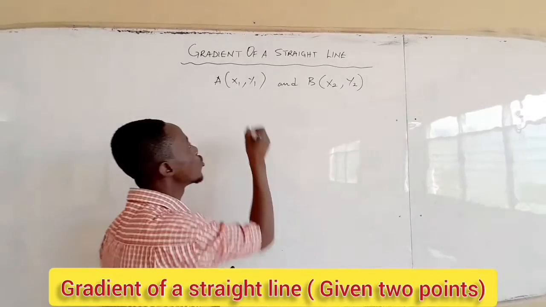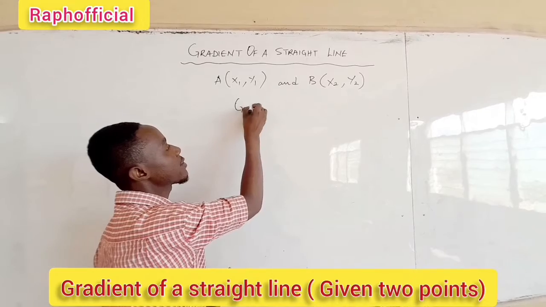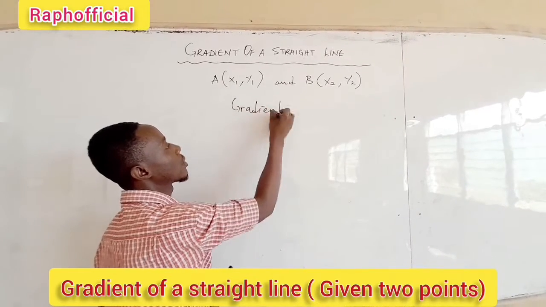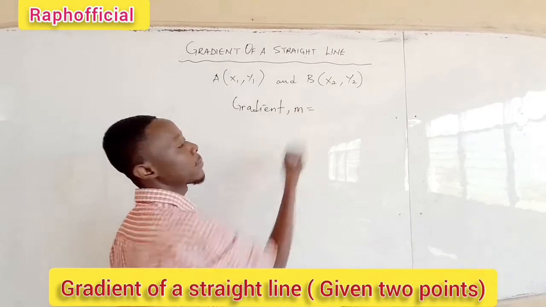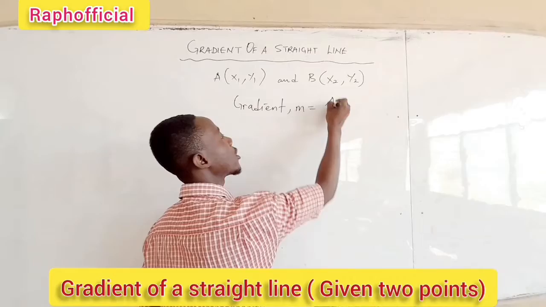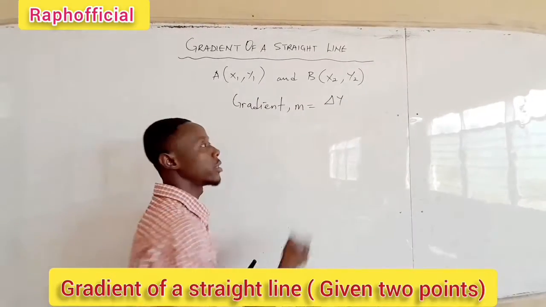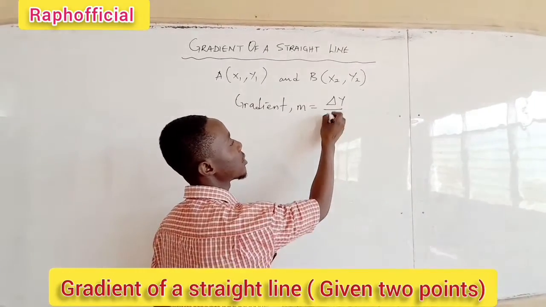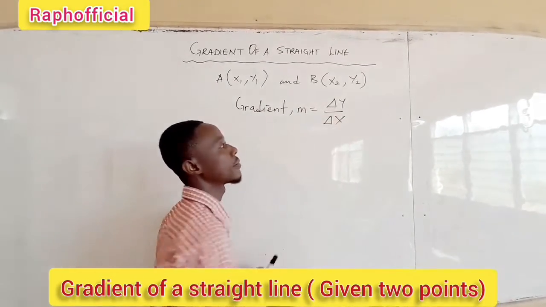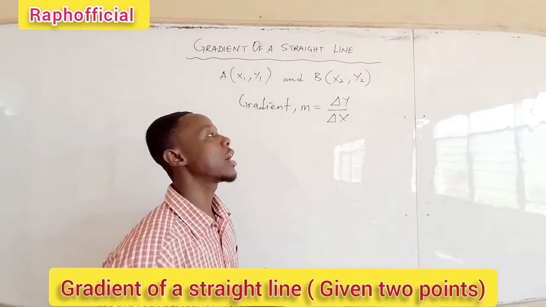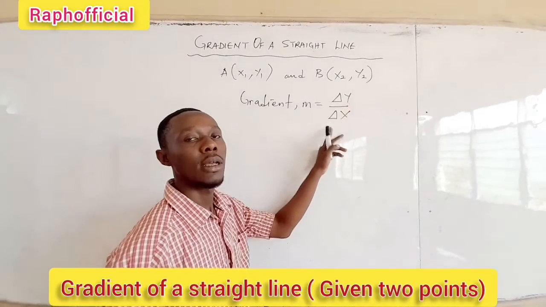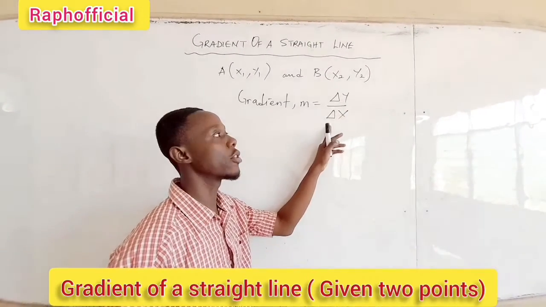All that we need to know is the gradient m is equal to change of y divided by change of x. So we have to find the change of y divided by the change of x.